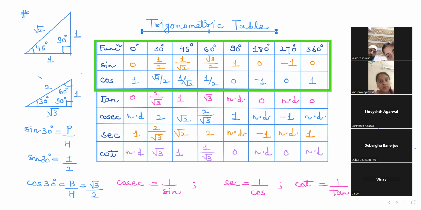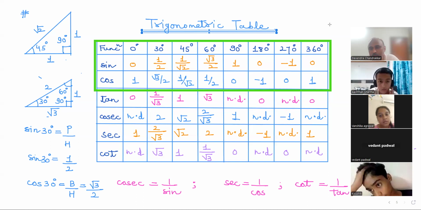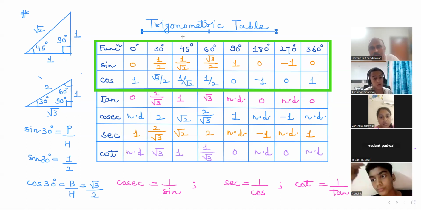हाँ बेटा, function तो remember करना पड़ेगा ना. आसमान, you have to remember the function. Memorize it. Okay, sir.